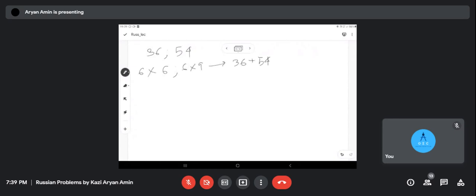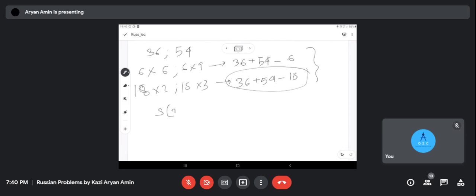That gives you 36 plus 54 minus 6. And you can also think of it as 18 into 2 and 18 into 3. So you can think of it as 36 plus 54 minus 18. So we want the minimum s, so you pick 18, basically the GCD. Pick x to be the GCD. So we conjecture the answer to be m plus n minus GCD of m comma n.